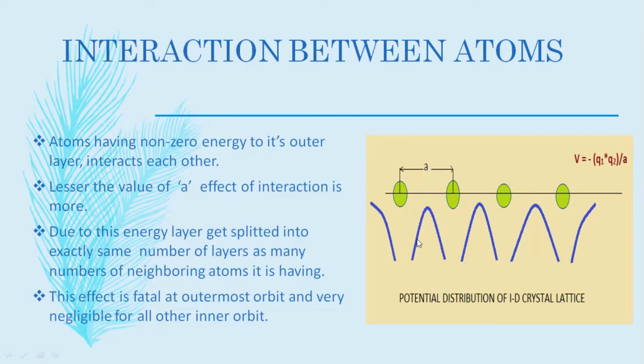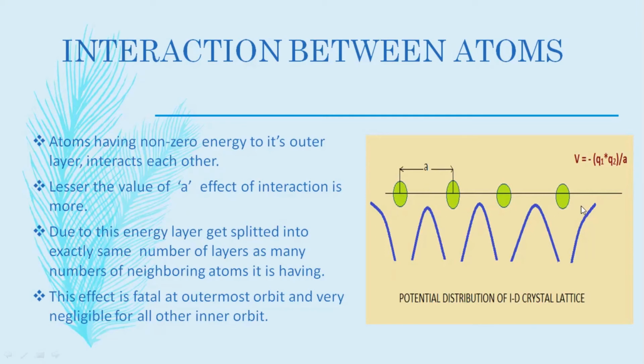The very near position has atomic potential inside the crystal structure. The maximum potential is around the center of these atoms, and as you move from the atoms to the distant place, this potential is reduced.